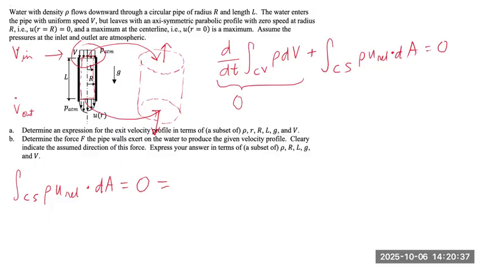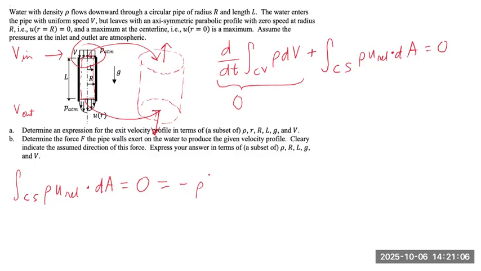So the inflow is going to be equal to U relative, rho V, dot dA. dA is going to point opposite the direction of the velocity flow, so this is actually going to be a negative value.